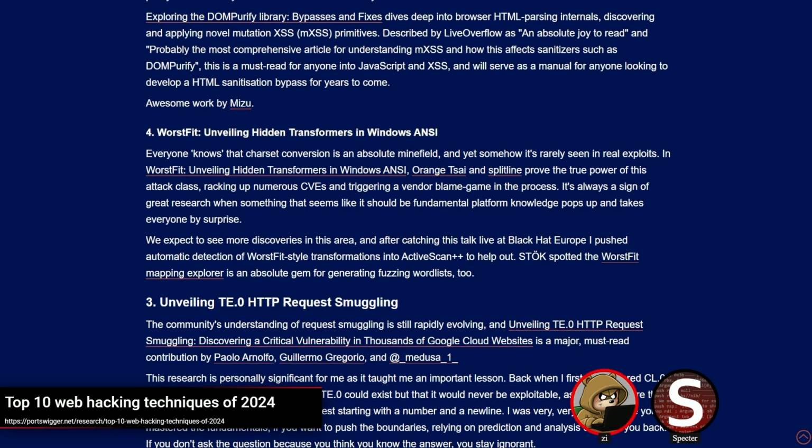Worst Fit is cool. It actually has an impact beyond web. This is number 4, web hacking. It deals with character set conversions, where Windows would try to convert between ANSI characters and Unicode. You can end up with different characters, various symbols.